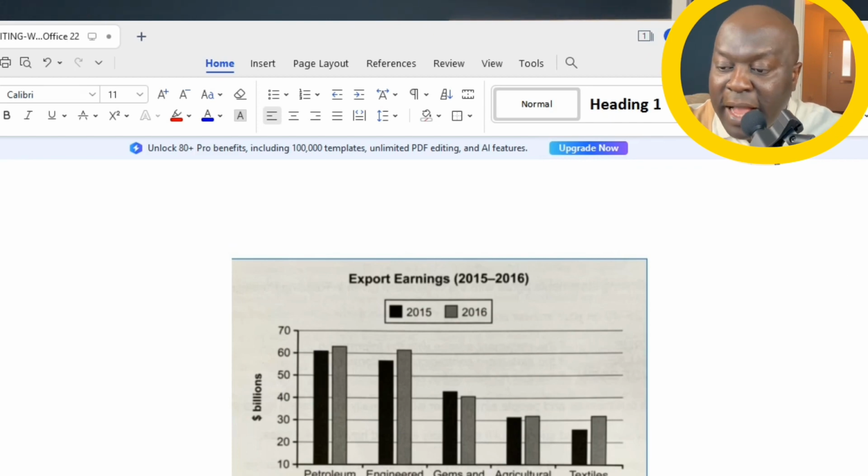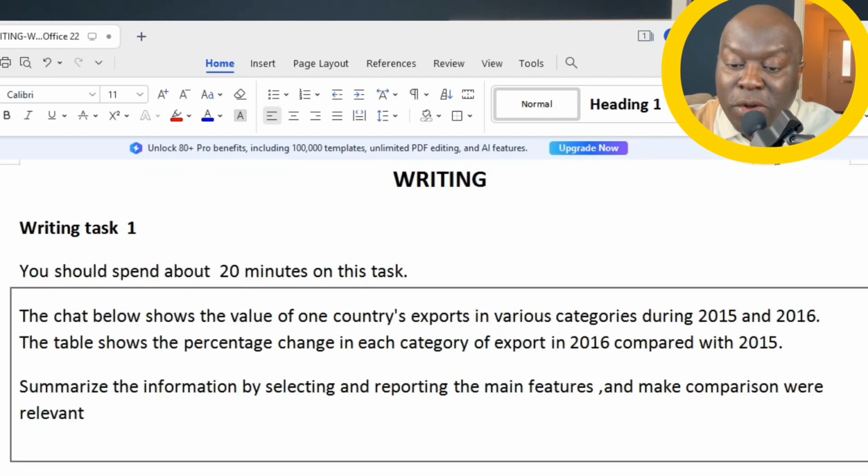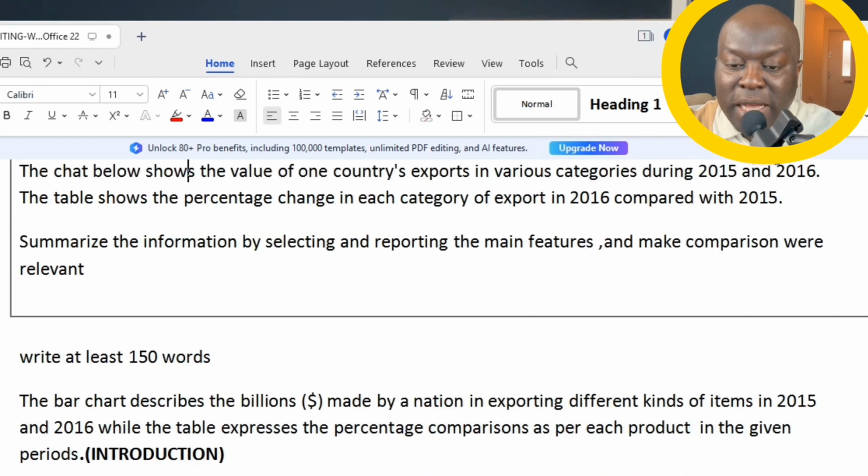The value is the worth of something in terms of money, like the value of my wristwatch. So I said in billions of dollars.